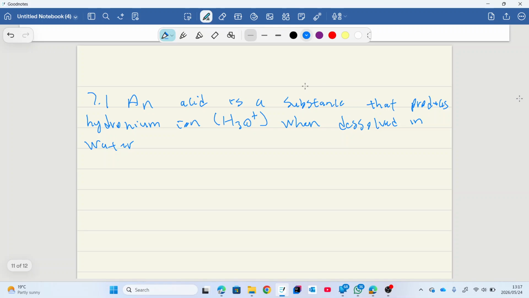That is the Arrhenius theory, right? But because I want you to learn, we are going to also do the Lowry-Bronsted.